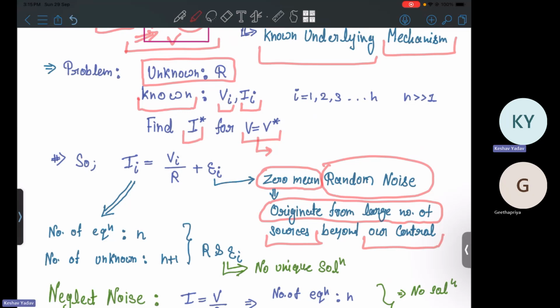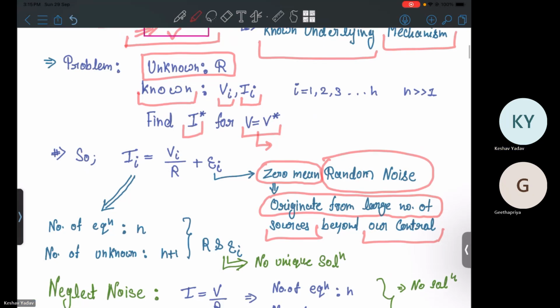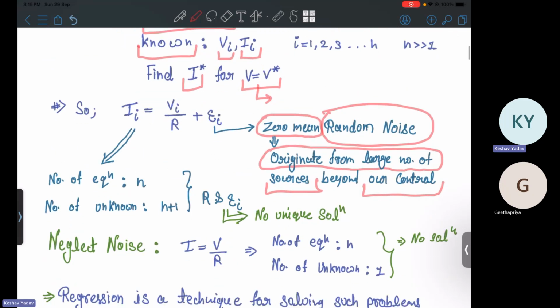If it is a controllable parameter, then we can change the parameter accordingly to control the error. But this is a kind of random error that is beyond our control. So due to that, there will be some epsilon_i term in every I_i.